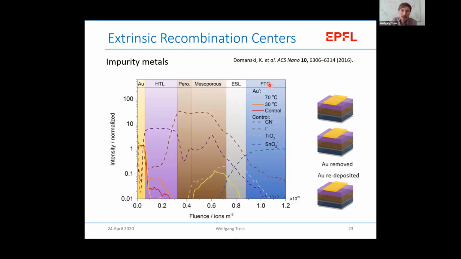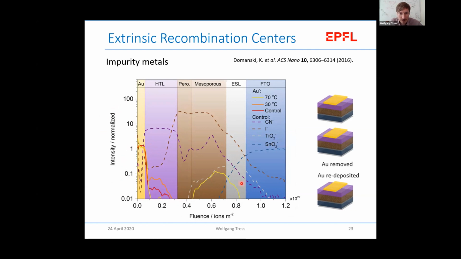So for sure, impurities can be an issue, and we can then also try to measure the concentration, or at least whether there is this gold in the material, by TOF-SIMS measurement, where in principle we dig into the sample and try to measure the debris.